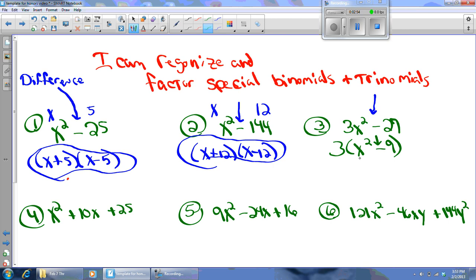Do I have a perfect square? x squared is a perfect square. Is 9 a perfect square? It sure is. This one factors just like this: 3 from here times the quantity x plus 3 times the quantity x minus 3. Pretty simple stuff. That's the difference of perfect squares.